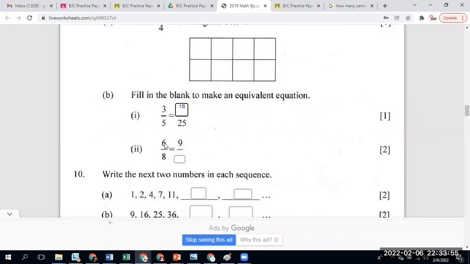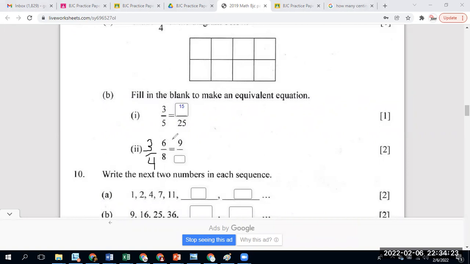Which factor goes into both 6 and 8? That would be 2. 2 can go into both 6 and 8. So if I divide 6 by 2, I get 3. If I divide 8 by 2, I get 4. So I have 3/4. Now I can go from 3/4 to 9 and find out my denominator.